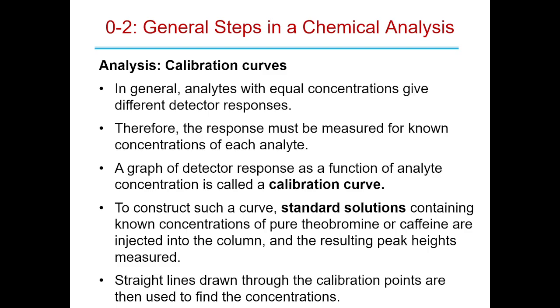You guys have done this before with Beer's law on a visible spectrometer. You had known concentrations, you took a few of those, you graphed them, you fit a line to it. That's what you're doing, a calibration curve, okay? And then you measure your response of an unknown versus that line, right? And that tells you how much of it is there.